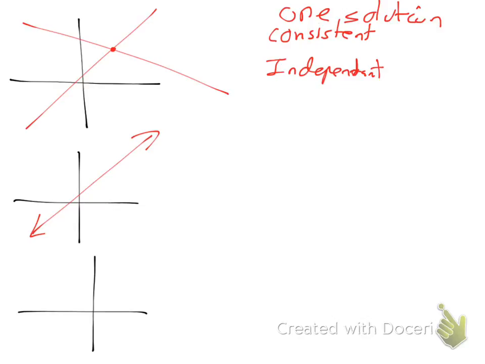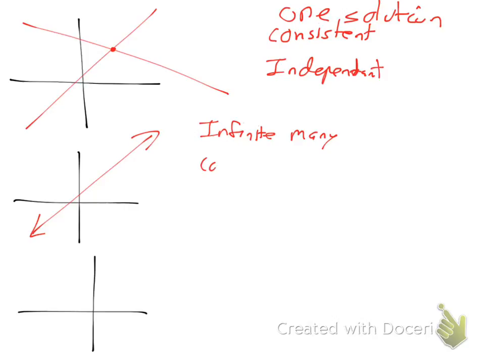How many points do they have in common then? This one's only got one. If the two lines are stacked on top of each other, how many points are the same? All of them. So this one we call infinite many solutions, because there's always another solution that they have in common.